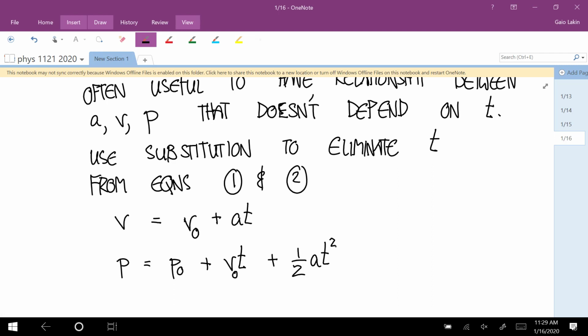And let's keep track of what are constants and what are functions, because I didn't write it explicitly with the function notation. What about v and p? Are those constants or functions? Those are functions of time.